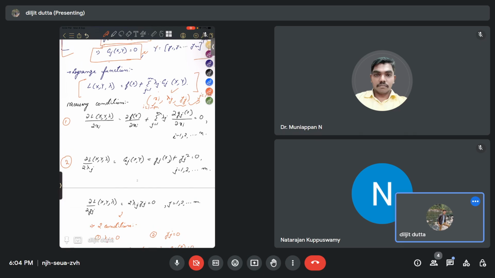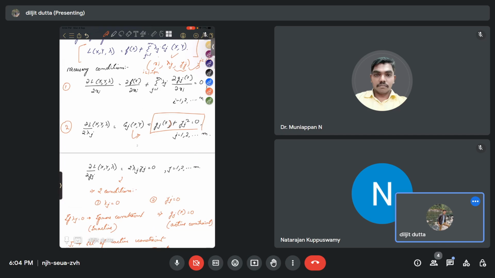The first term will be 0, so we get only the second term. Del lambda j by del lambda j is 1, so the remaining term is Gj of x, y, which is equal to small gj of x plus yj squared. So this is equal to 0. This is the second condition.